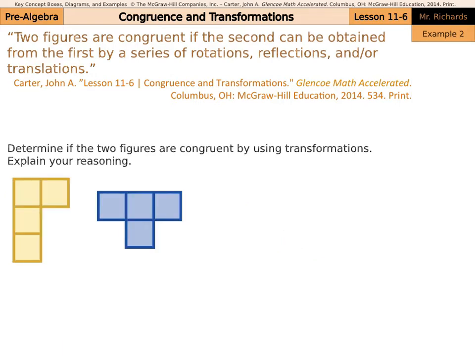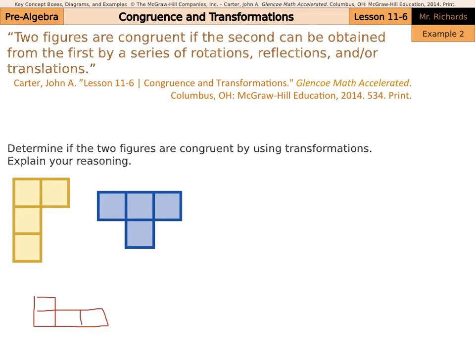Next, determine if two figures are congruent by using transformations and explain your reasoning. Well, if I were to rotate this first shape 90 degrees, say counterclockwise, that would look something like this.